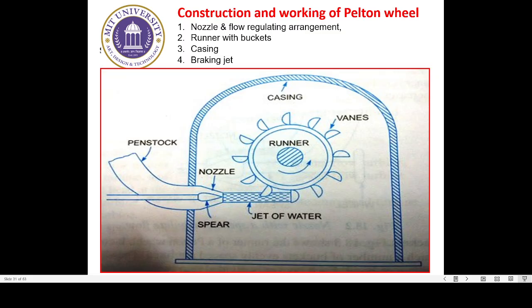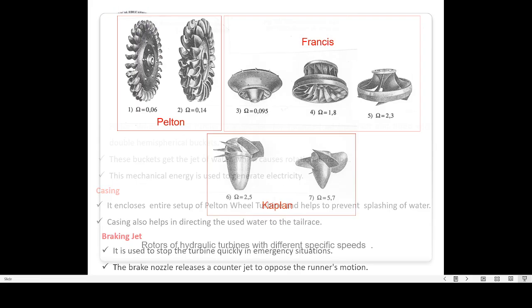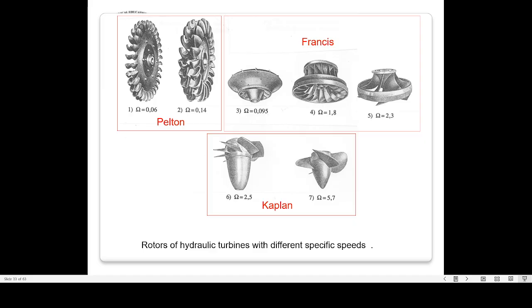This jet of water is considered a braking jet. So these are some of the points which should be taken into consideration as far as the construction and working principle of the Pelton wheel. I hope that this has made sense to understand the operating principle of the Pelton wheel.